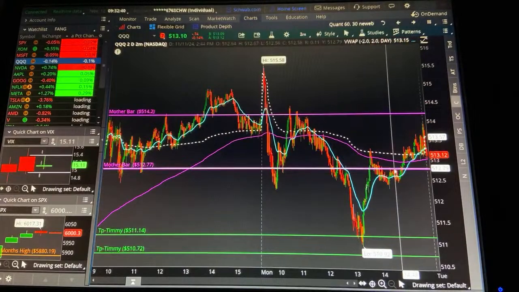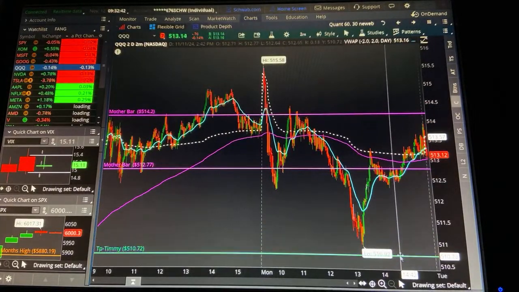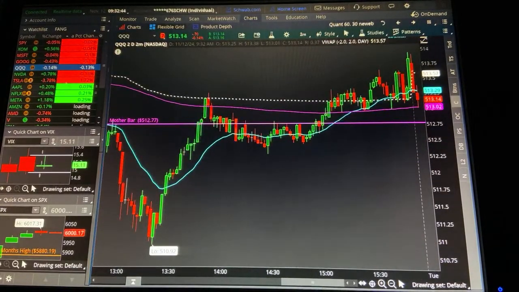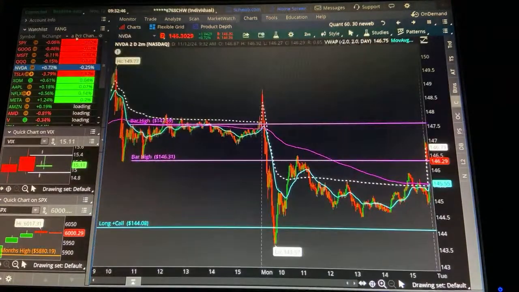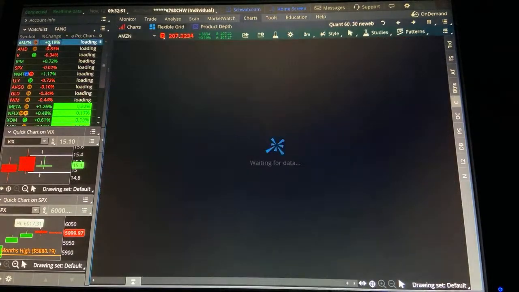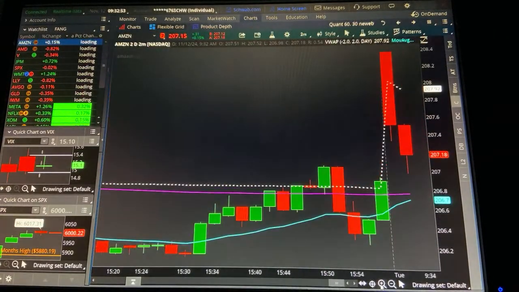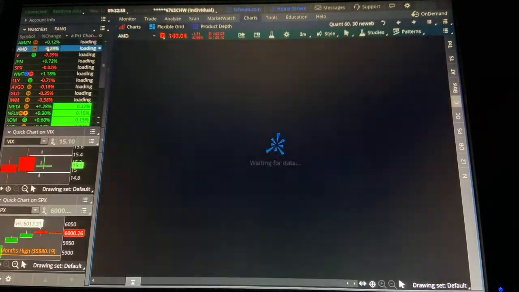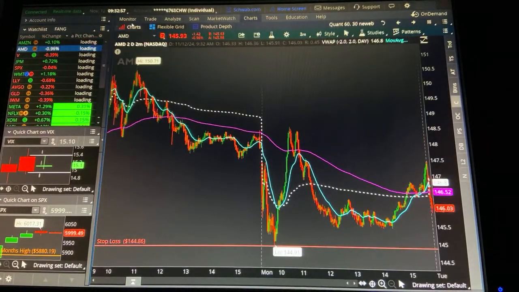QQQ is just in yesterday's range. So far we have a slight gap up on a lot of things here, but a move down.